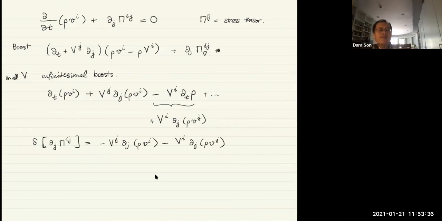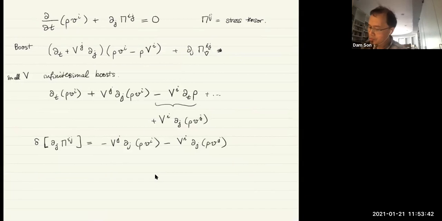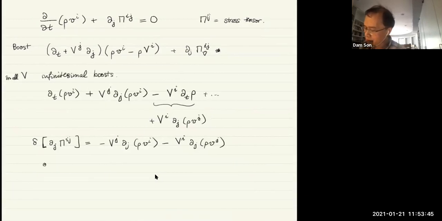Okay, so now one term where we know. So in particular, let me say it this way: we can guess that we can separate out one part of pi ij where that property is satisfied. So let me write pi ij is equal to rho vi vj plus some pi prime, whatever, like pi ij, the rest of that.